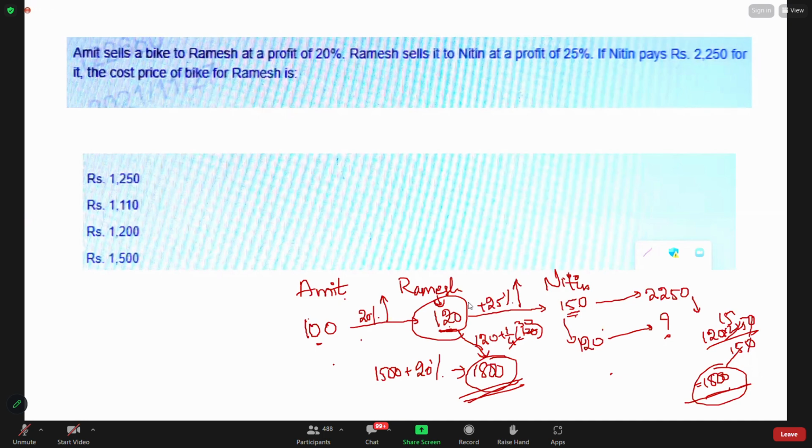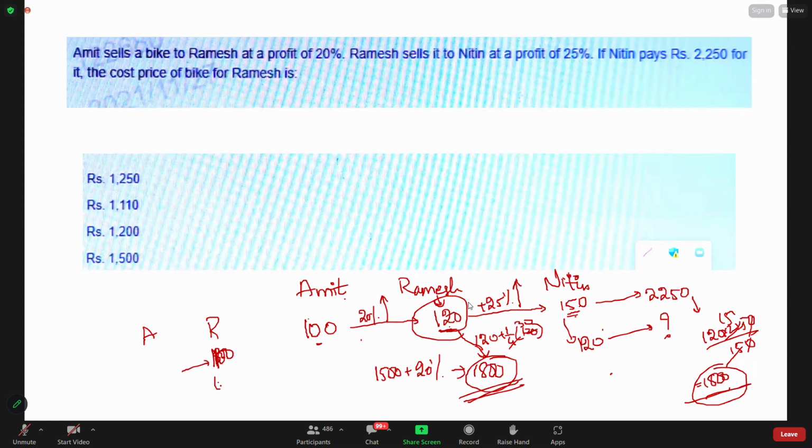Because you don't know from where Amit sold that amount. If R was 100, how much will Amit be then? Because Amit sold it 20% more, right?